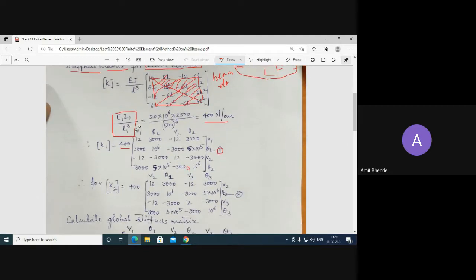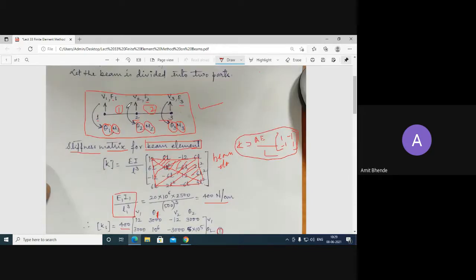So the first row will be V1 and this is θ1. Sorry, V1. So this is V1, θ1 and V2, θ2. Okay, V2 and θ2.